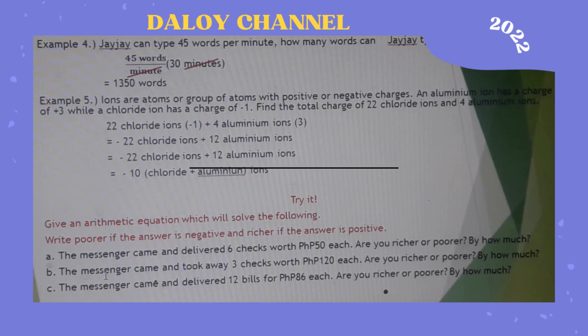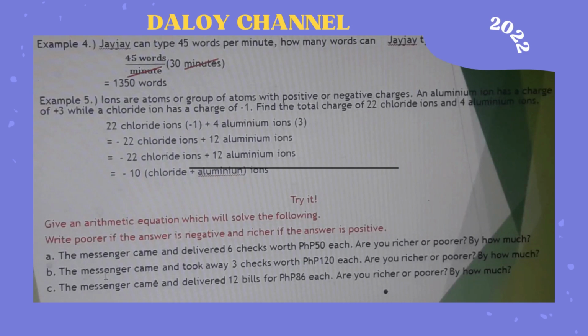So in that case, 22 chloride ions with a corresponding charge which is negative 1. So meaning 22 chloride ions multiplied by negative 1 charge, to be added to 4 aluminum ions multiplied by positive 3 charge.